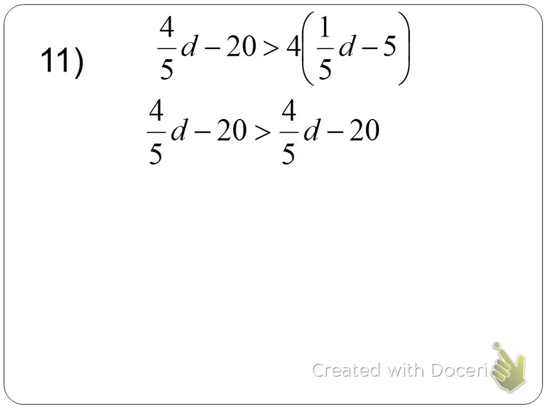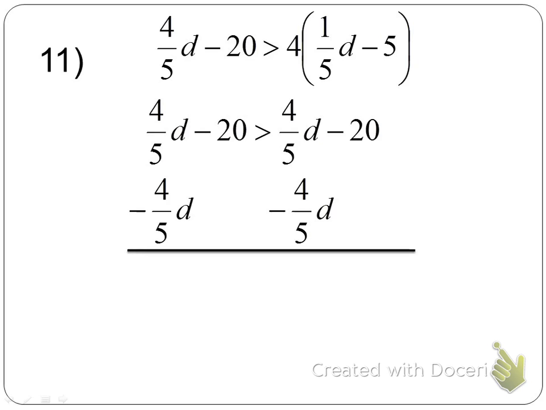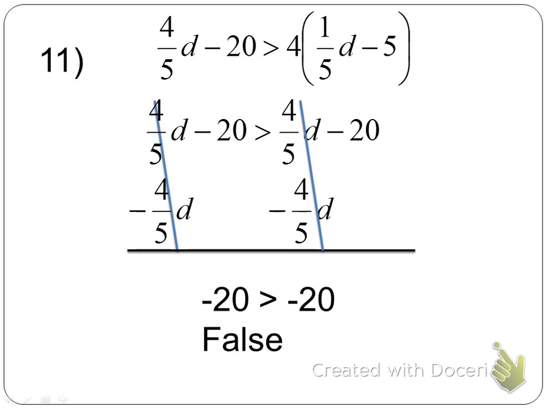When you get your d's together, those are going to go away, and you're left with negative 20 is greater than negative 20. If it wasn't strict, you'd be true. But this one is not an or equal to, so it's not true. This is false, so my answer is no solution.